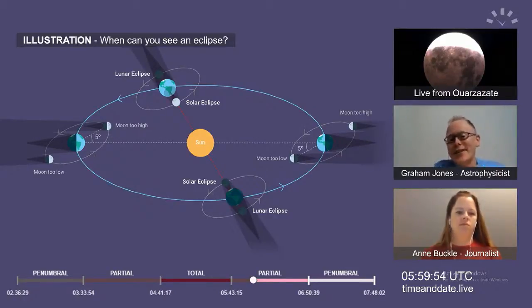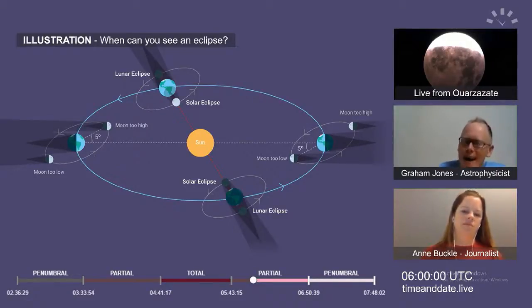In another 6 months' time, we will have another lunar eclipse, but this will just be a partial lunar eclipse. Only part of the moon's disk will pass through that dark part of the Earth's shadow. It won't be a total lunar eclipse because we're not going to get that perfect alignment between the sun and the Earth and the moon.